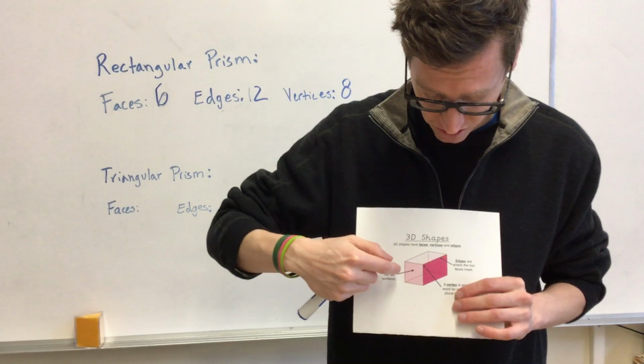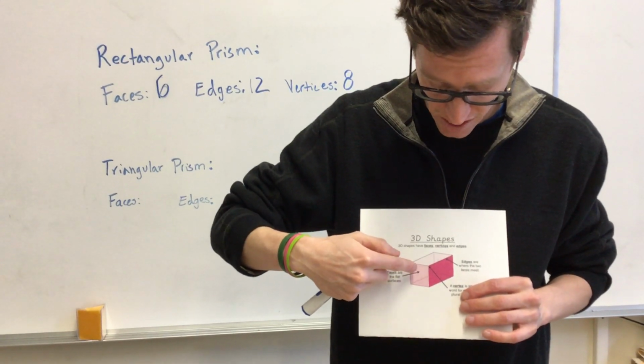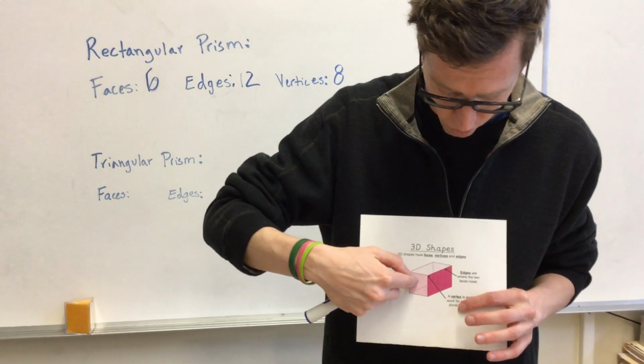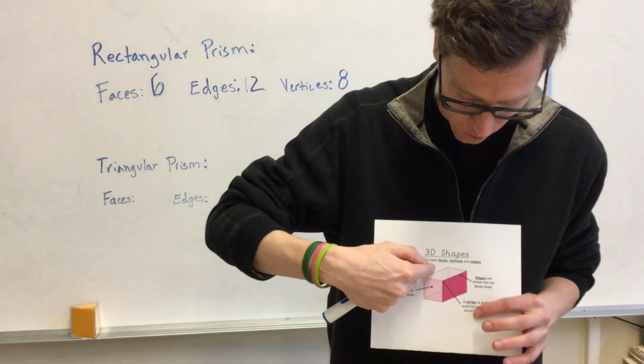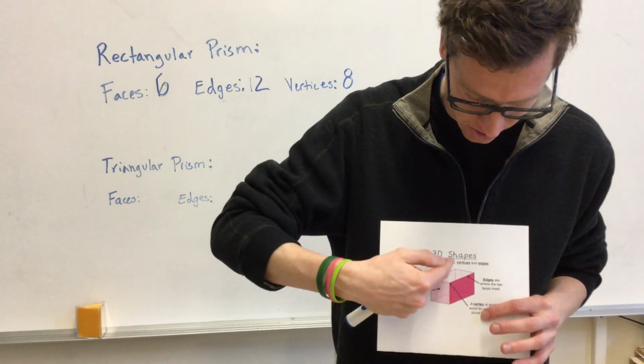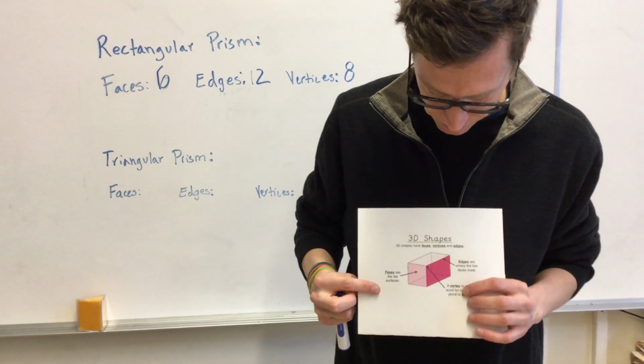For the faces, I counted all of the flat surfaces on it. So I counted around 1, 2, 3, 4, and then 5 and 6 are the tops and bottoms.